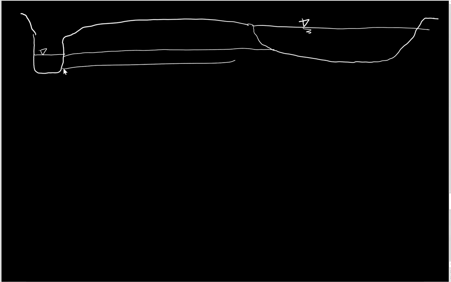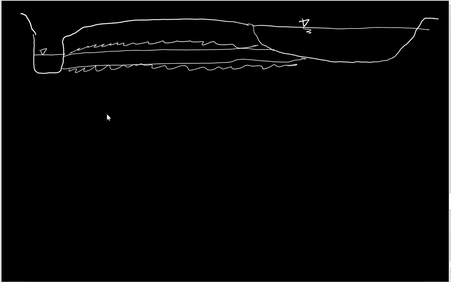So the stage of the river is like this, and the stage of the lake is there, and there is a confining layer, an aquifer like this here, another aquifer like this here.